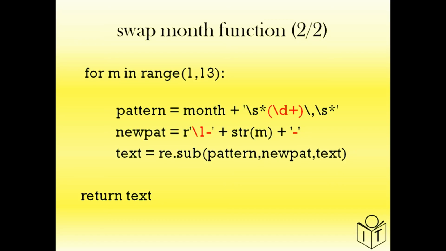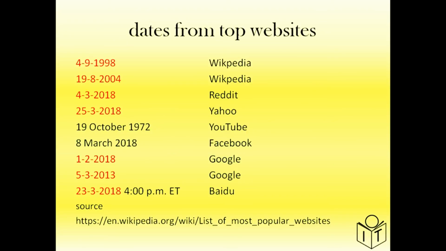So instead of having the month name, the long word, we've changed it to the number version, and we've taken the day, month and year, and now they're separated by this dash. So you can see now that most of the dates are in the same format.